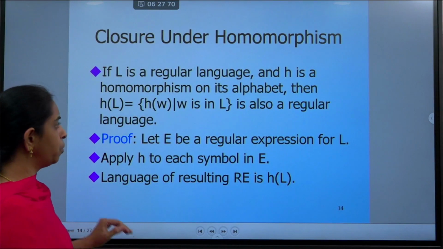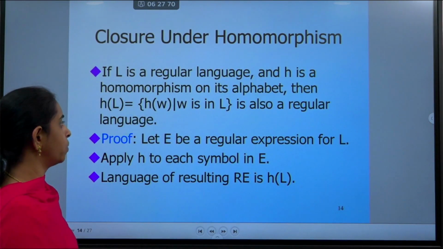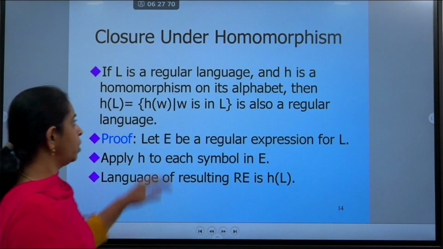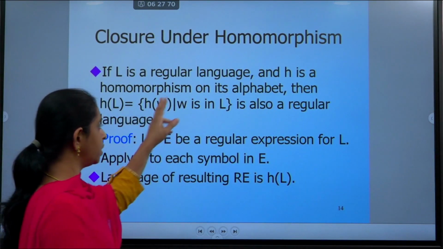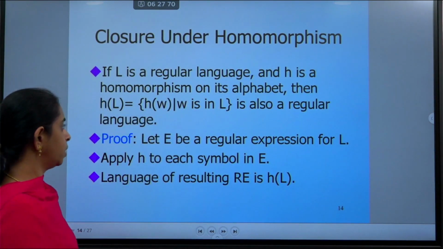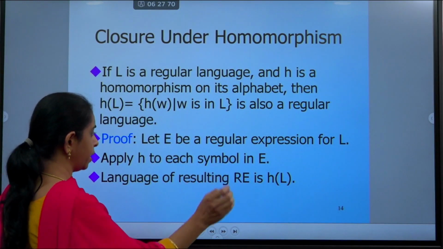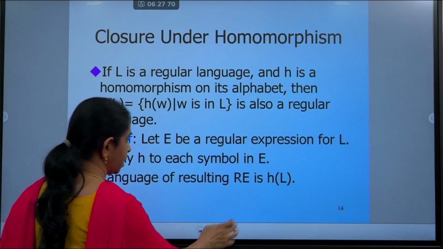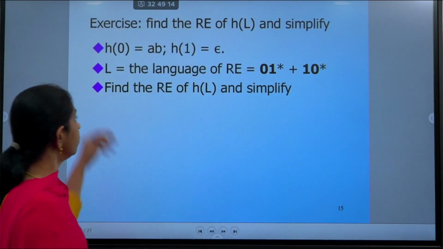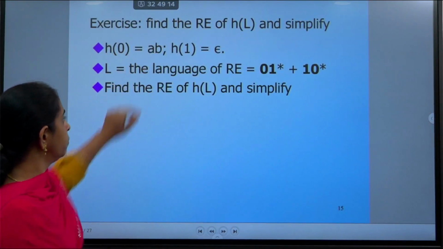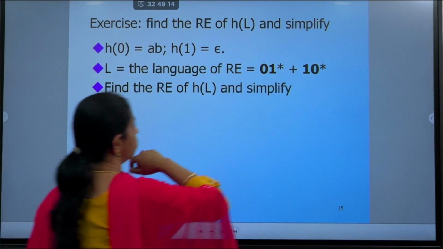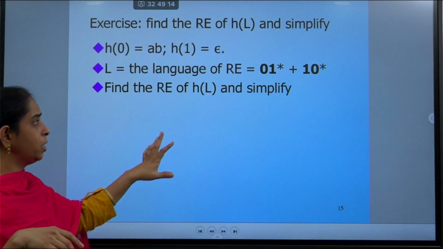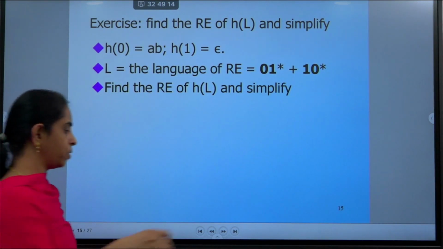We will see the proof of how it is closed under homomorphism. We take a string W, and h of W is in the language h of L, which is a regular language. E is the regular expression and the language is h of L. h of 0 is A B, and h of 1 is epsilon, for the regular expression 0 1 star plus 1 0 whole star.